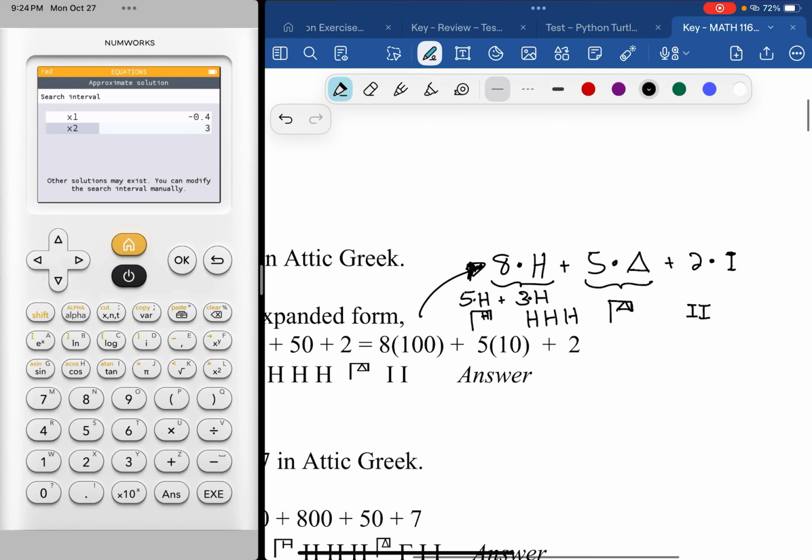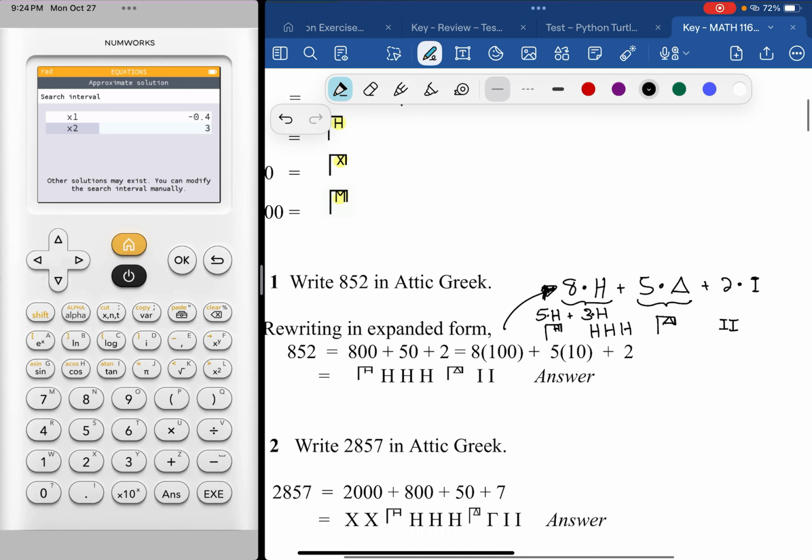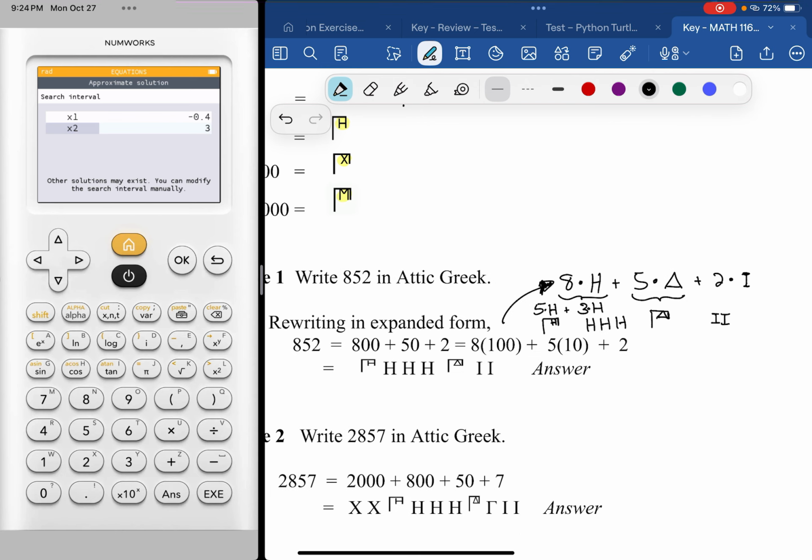I'd have the penta delta and my 2 iotas all together would make up the expansion of 852 in Attic Greek.